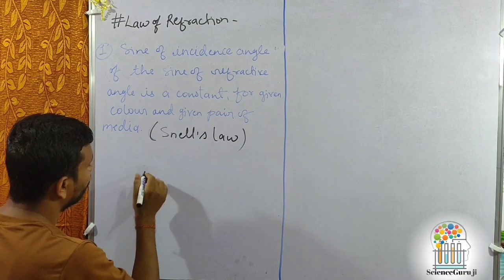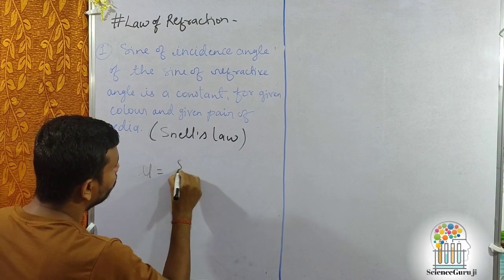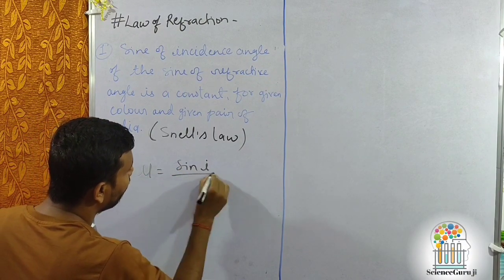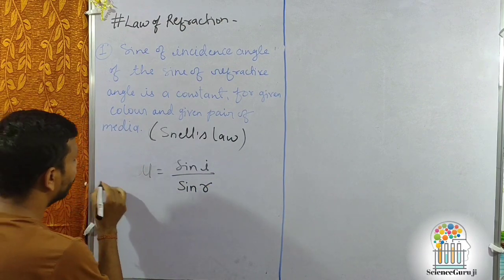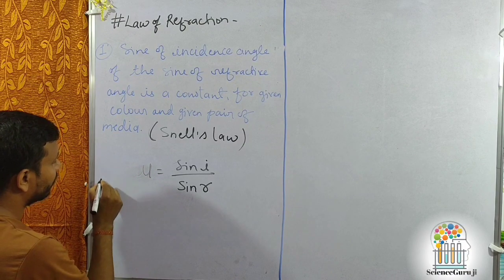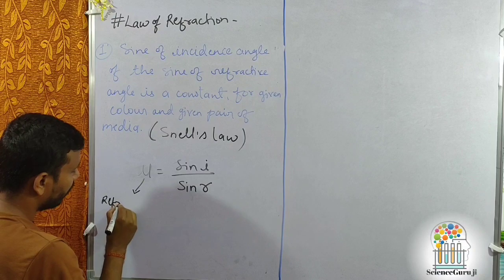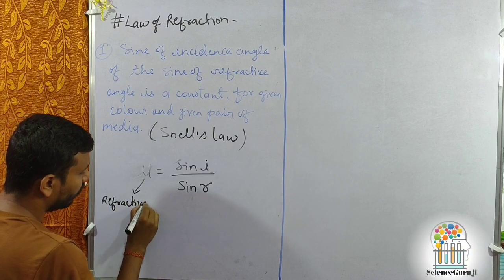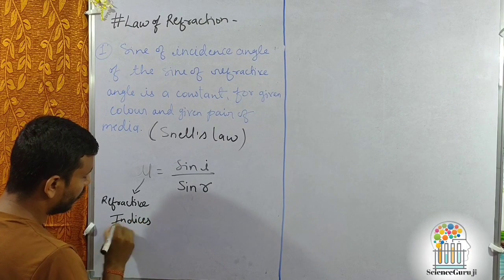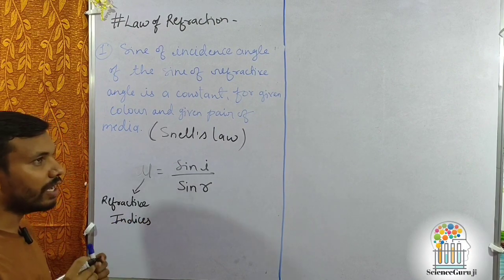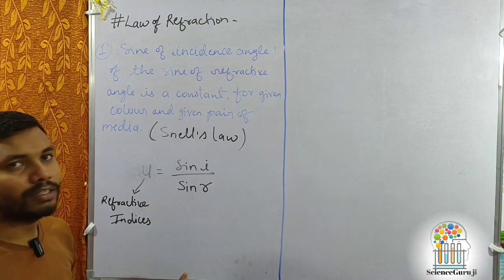mu is equal to sine i upon sine r. Mu is our refractive index. Refractive indices are always constant, fixed for every medium.